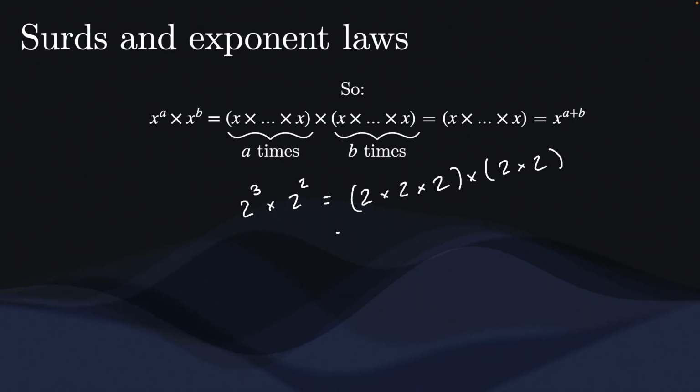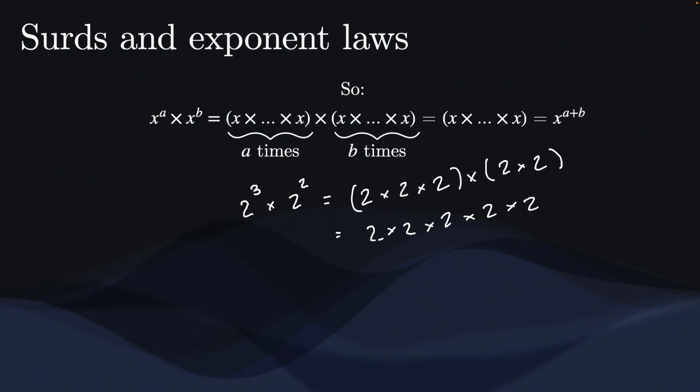That's just 2 times 2 times 2 times 2 times 2. If you count the number of 2's to find the exponent, we're left with five 2's, which is 2 to the power of 5. And what do we notice? Well, 3 plus 2 is 5.